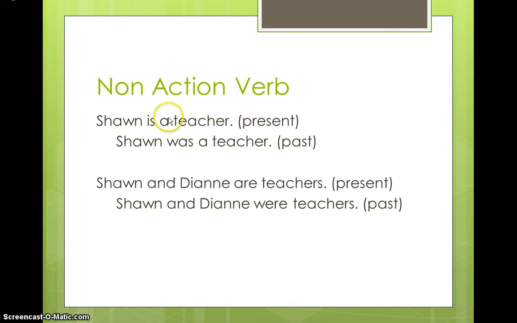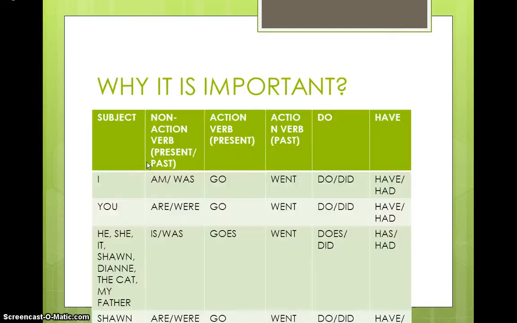In the present. Let's say if we want to talk about the past, we can say Sean was a teacher. So if you look at the table earlier, Sean is for present and Sean was for past.